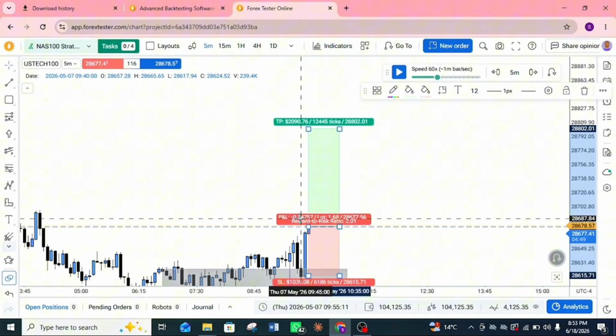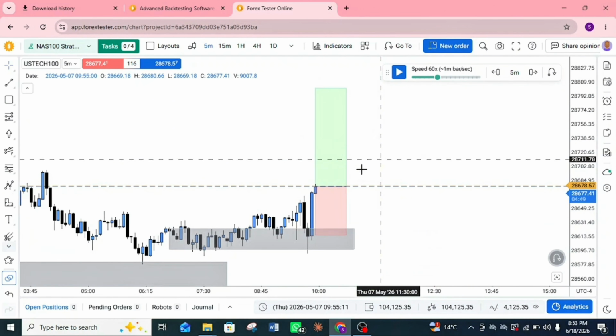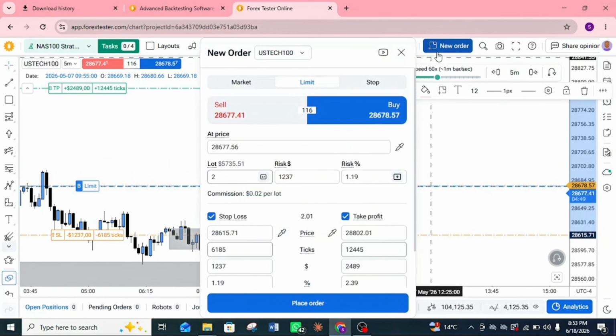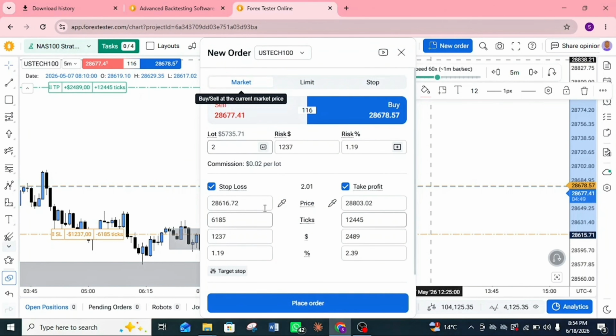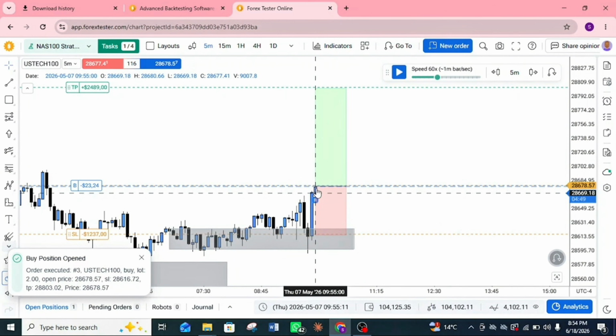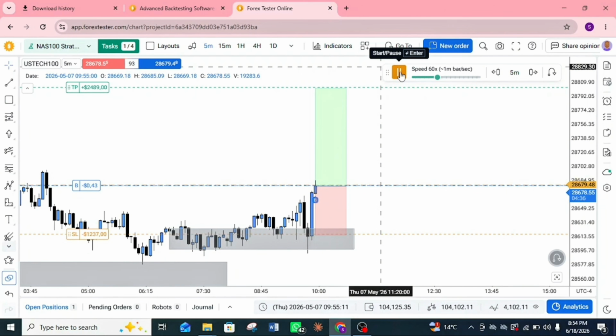I think I can play it. This one seems okay. This one seems really okay. Okay, now let me execute this market order. I did execute a little bit late here, but it's okay. I'll have to just see. If it doesn't play out, it's okay.